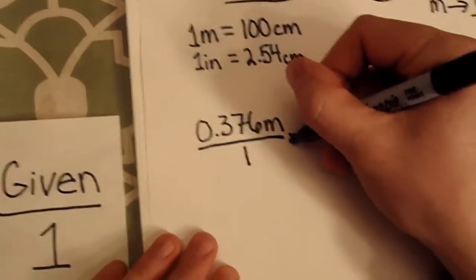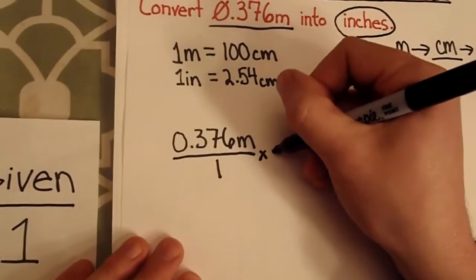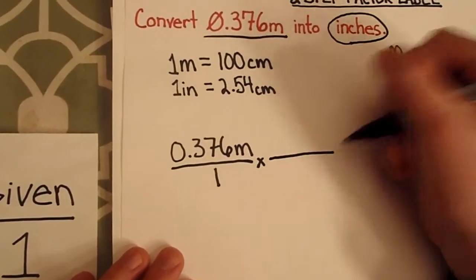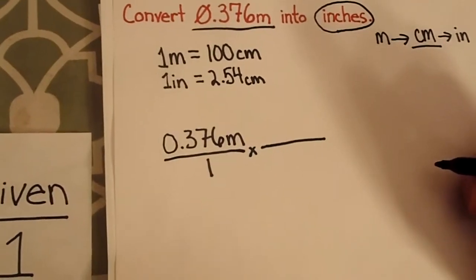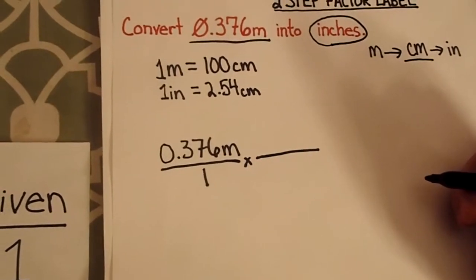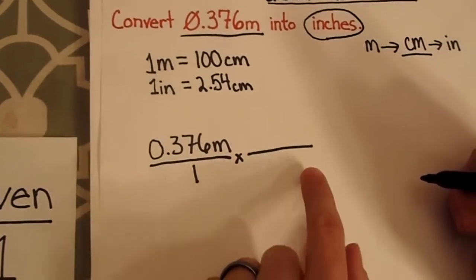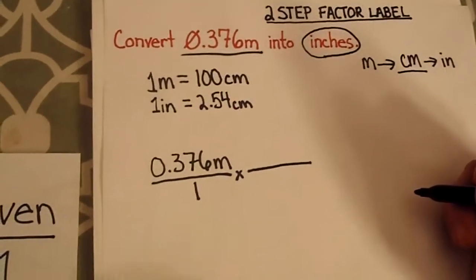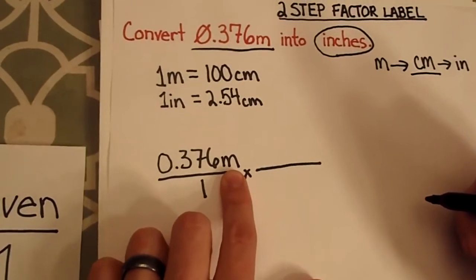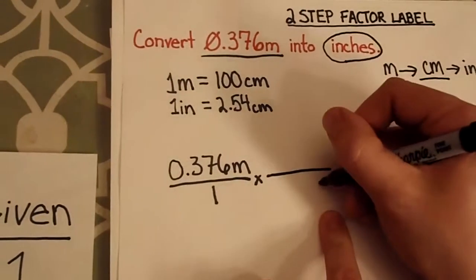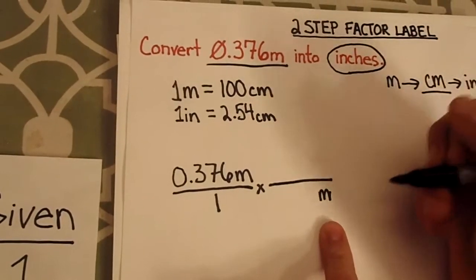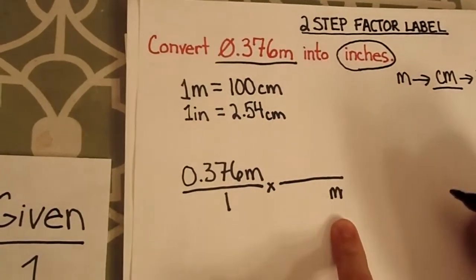Always make sure that you write your units down. Now we're going to set up our next fraction. We said last time when we did one-step factor label that whatever our units are on the top of the previous fraction, they need to be the bottom of the next fraction. So since I have meters up here, I need to make sure that meters will be down here in order for me to cancel them out.